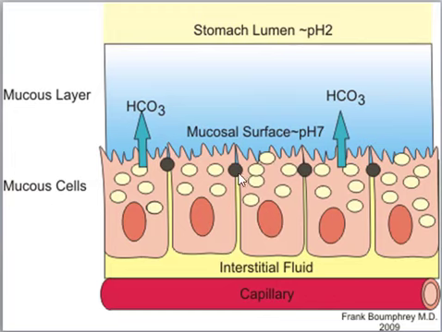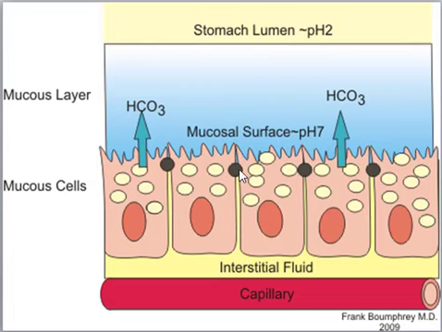Another important factor in the protection of the stomach from autodigestion is the tight junction. When we discussed the renal system, the reabsorption of different filtrate or solute can occur either transcellular or paracellular, because there is a space between the cells.